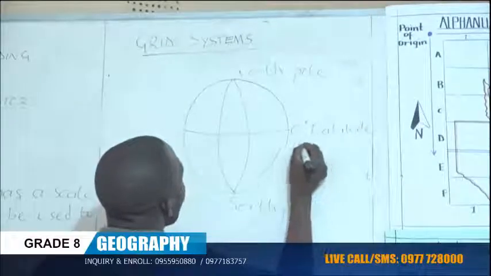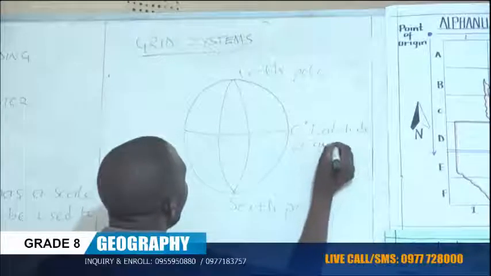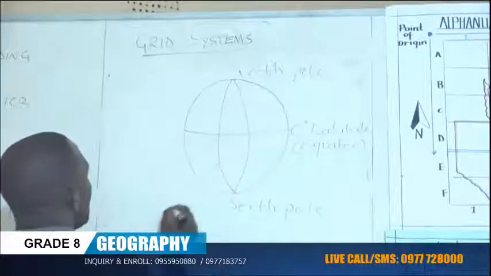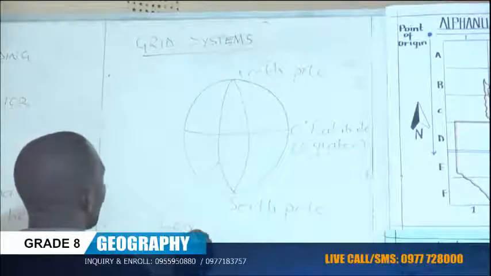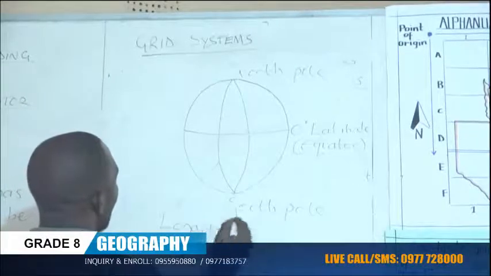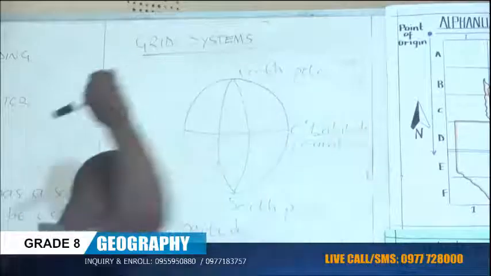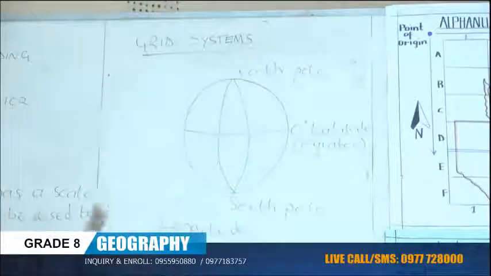In brackets, I'll just say equator. What am I trying to say? These are longitudes, so I'll just point at one, longitude. And this one is the latitude as I've written here.